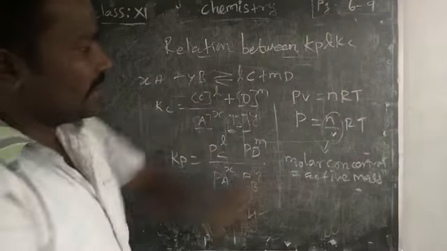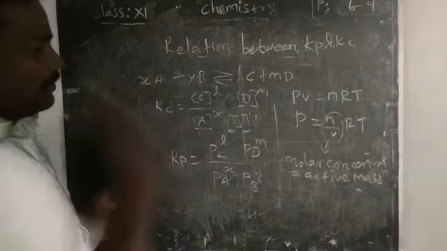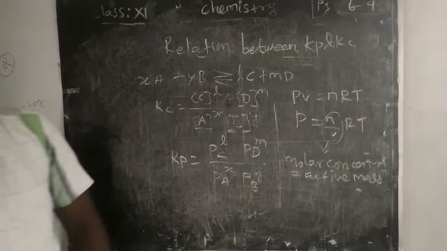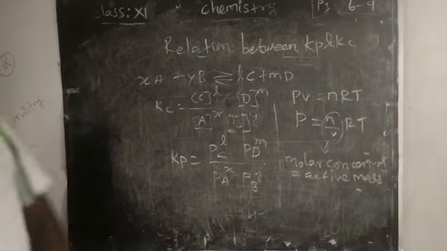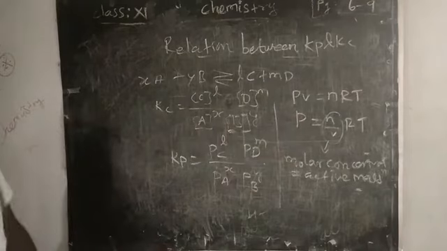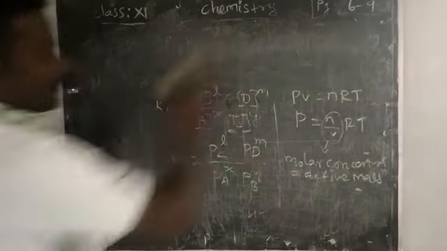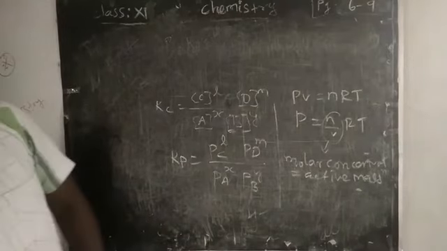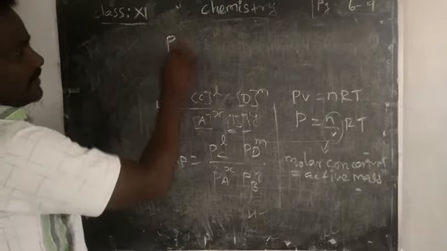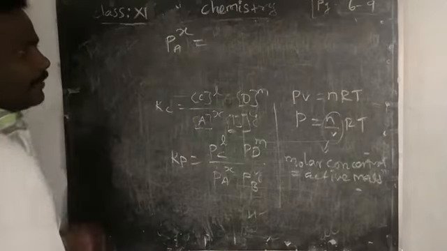Small correction, we don't have any plus. So in the Kc term, equation 2, we are going to apply these terms. How will you apply? You just remember, here by applying this, we can bring, for example, the partial pressure of A power x. How can you write it?